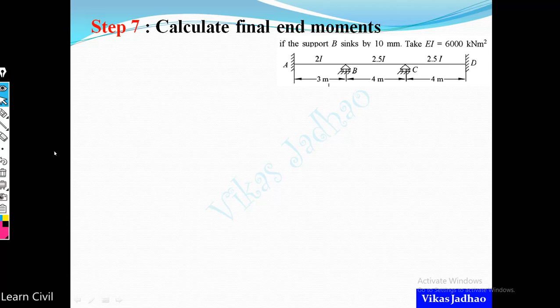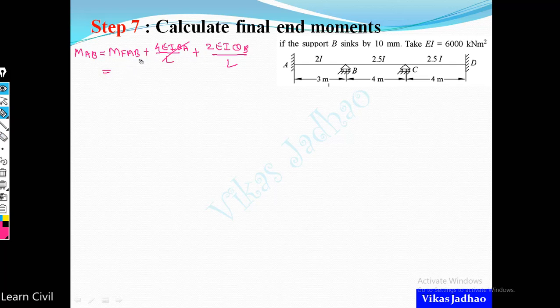Now the next step is to find out the final end moments. Final end moments are calculated from the slope deflection equation. For span AB, the final end moment MAB will be equal to MFAB plus 4EI theta A divided by L plus twice EI theta B divided by L. As we know, support A is fixed, therefore the theta A term will be cancelled.